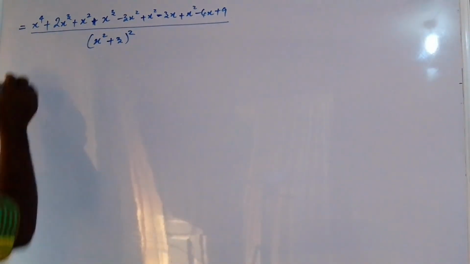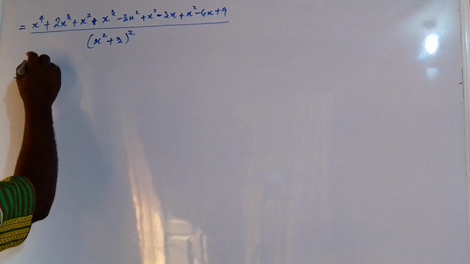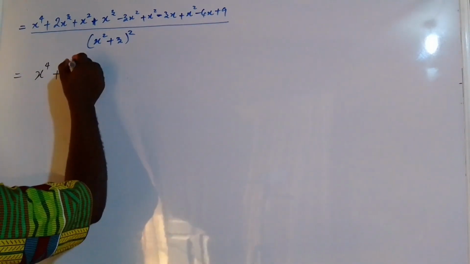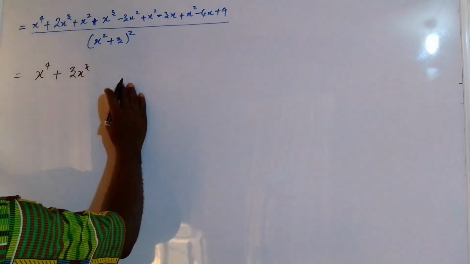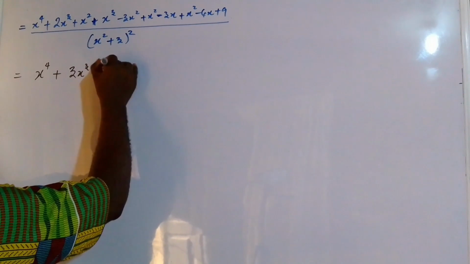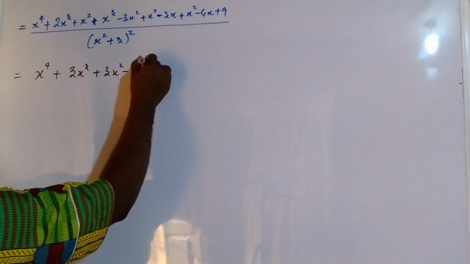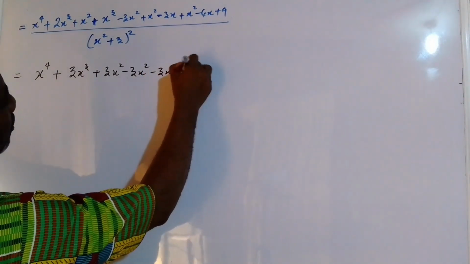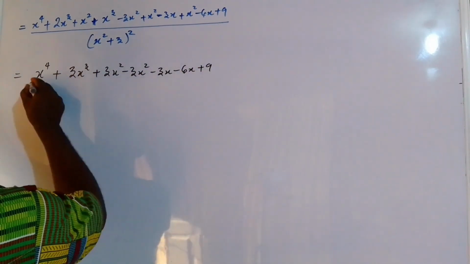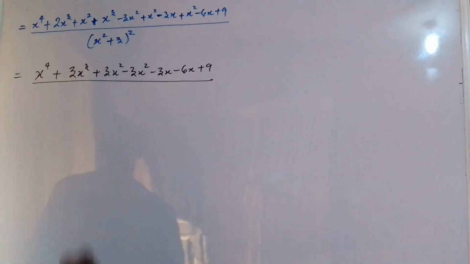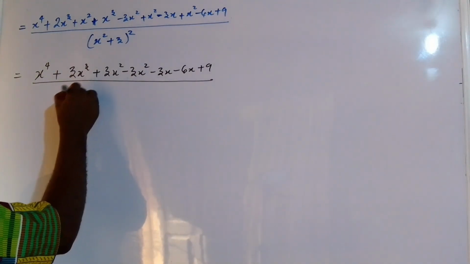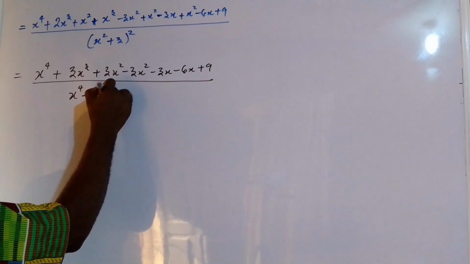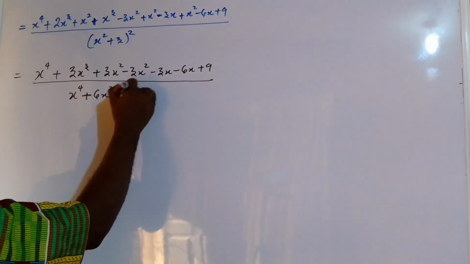So from here now we're going to have x to the power 4 plus 3x cubed plus 3x squared minus 3x squared, then we have minus 3x minus 6x plus 9 all over x to the power 4 plus 6x squared plus 9.